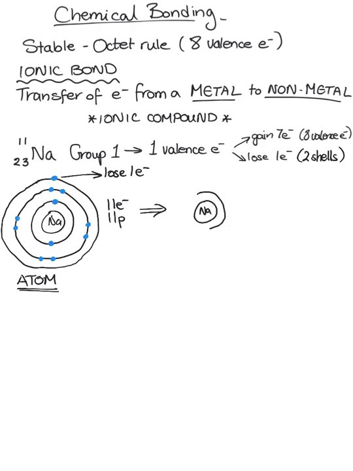It still has its first shell. It still has its second shell. But what I want you to notice is that its third shell is now gone. And the reason it's gone is because that electron that was in the third shell has left. It's gone somewhere else. So that's why we're going to draw sodium now like this without the third shell, because that electron went.